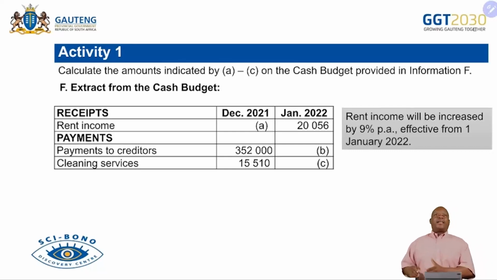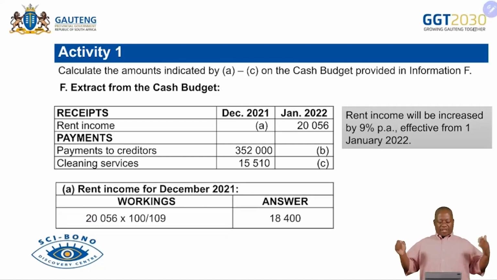In January, it was after an increase of 9%. So what can we say? It means my January percentage is 109%. My December income should have been 100%. So we are looking for December before the increase. And we are given January after the increase.